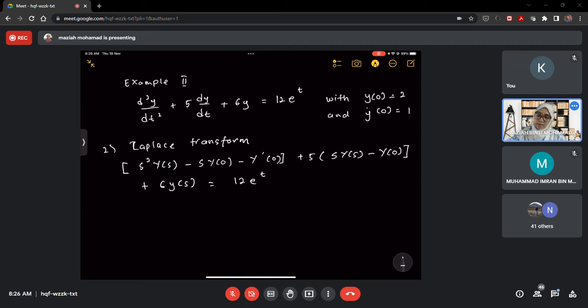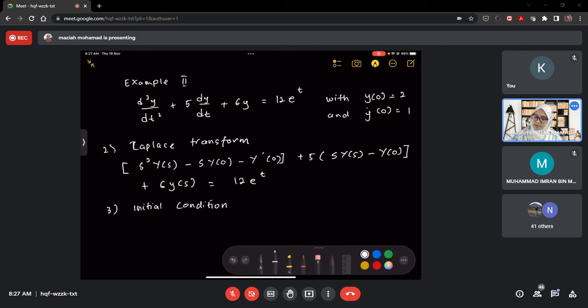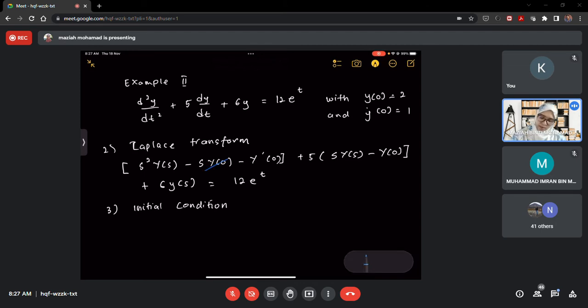So we're going to apply the initial condition. It said that y0 is 2, so this one is 2. This one is 1. This one is 2.